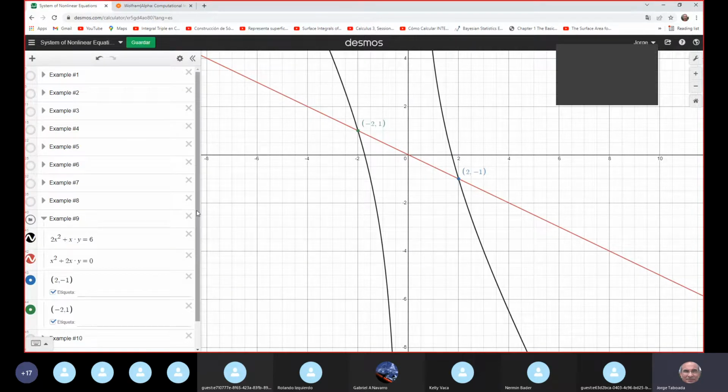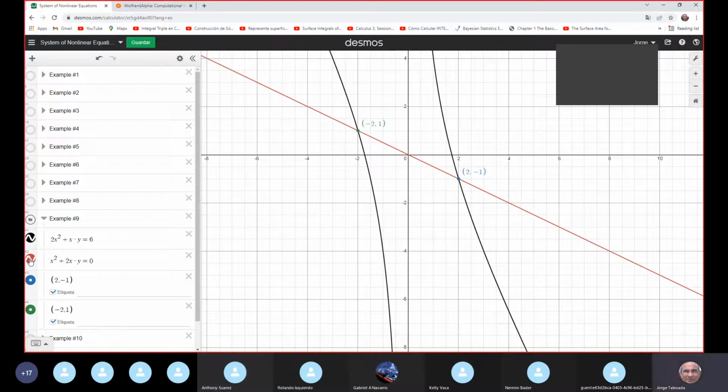We have two equations. The black equation is a hyperbola, rotated a little bit. The second is a line. At the beginning, I don't see it as a line, but actually it's a line, because you solve for y and somehow eliminate the square. The intersection is the answer that we got: 2, -1 and -2, 1. Any questions, guys? No questions? No?